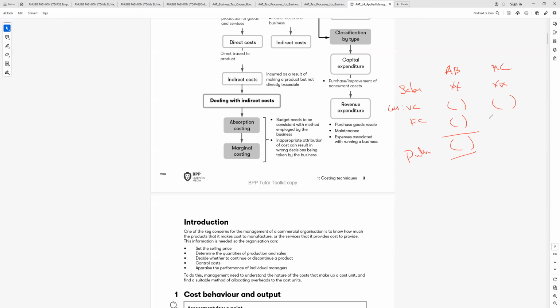But under marginal costing, we only minus the variable cost. And once we minus the variable cost, the amount we have here, we call it contribution. And from the contribution, we minus the fixed cost later to find out my profit. That means under absorption costing, we include the fixed cost as a part of the product, but under marginal costing, we never add the fixed cost as a part of the product.